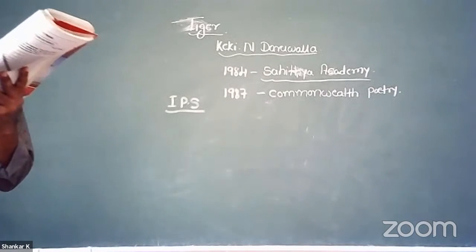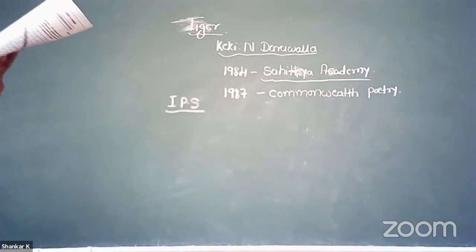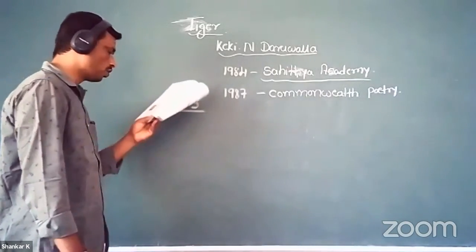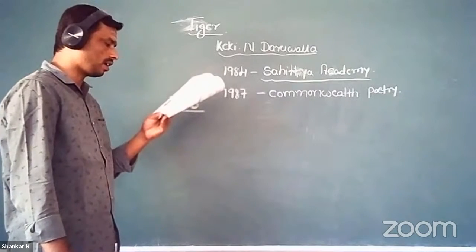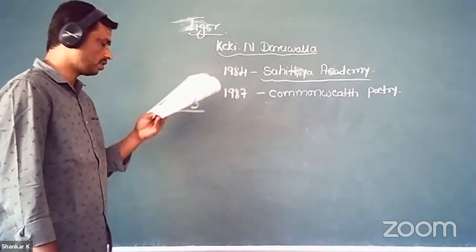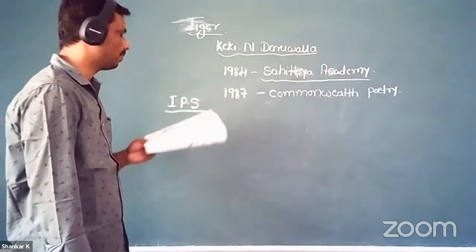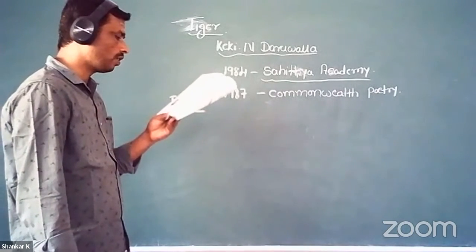Some of his important works are Under Orion, A Summer of Tigers, and The Minister for Permanent Unrest and Other Stories. So these are the works of K.K. Daruvala. I will go through it again.